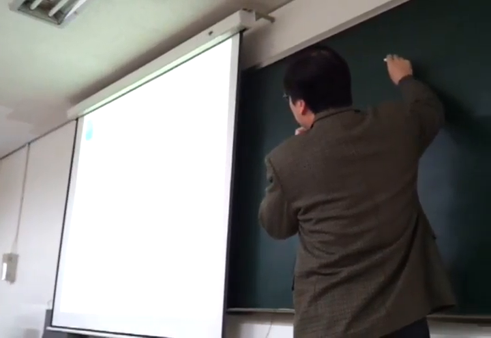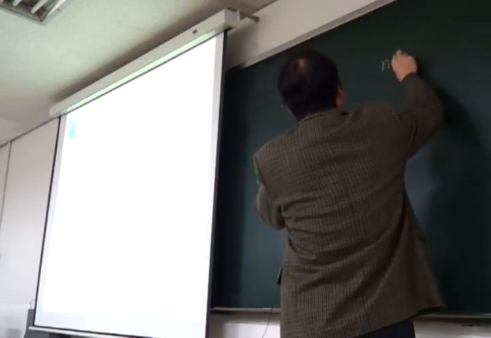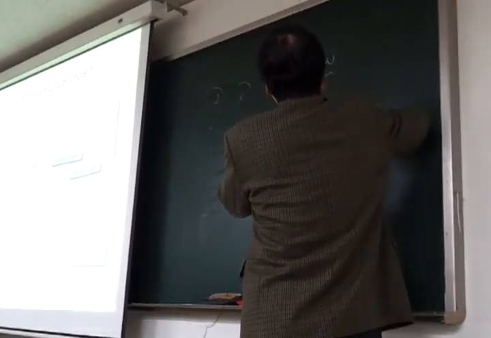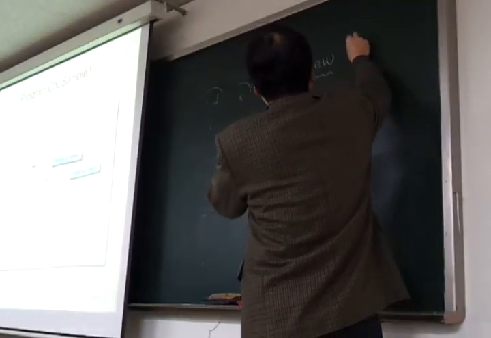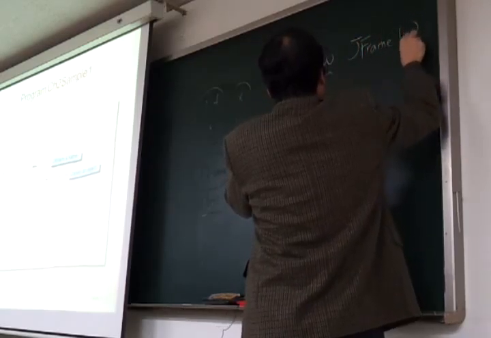My window. So if you want to create an object, you say new, and then you give the class name, JFrame, open and close.